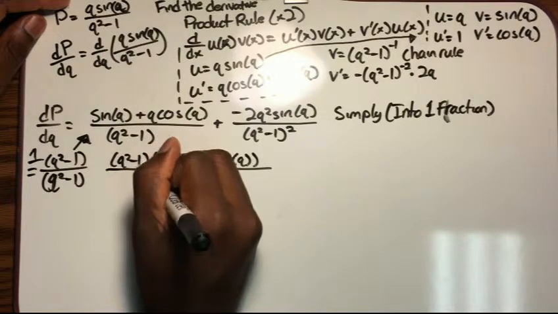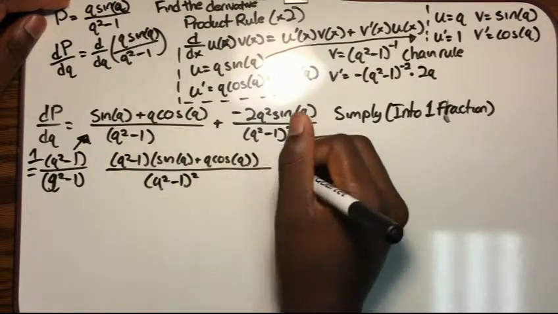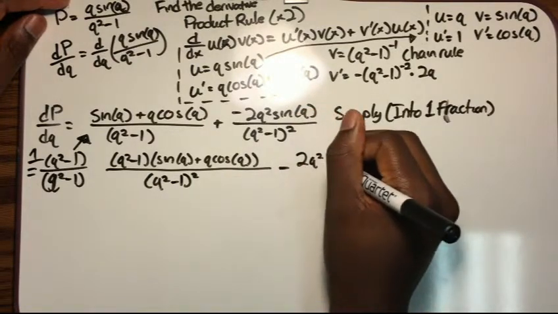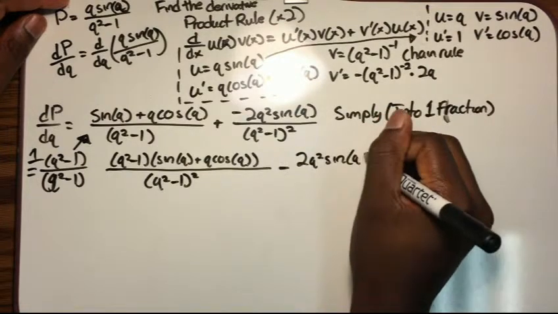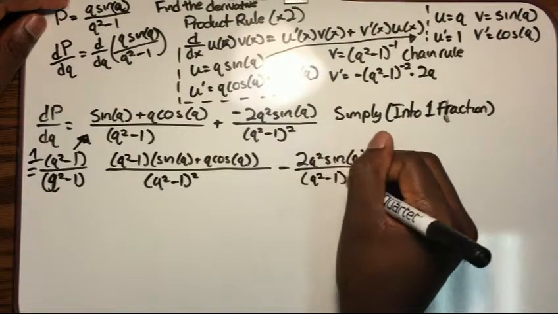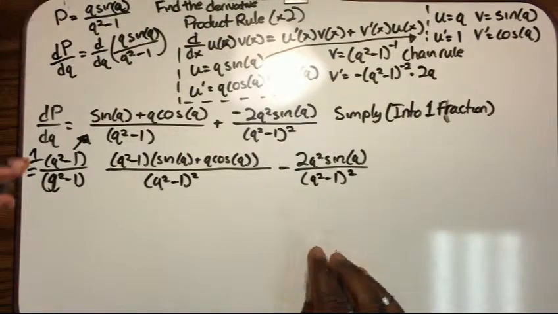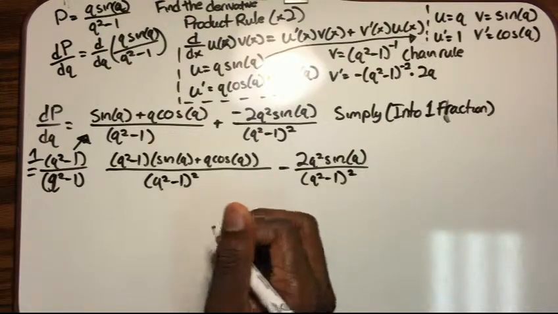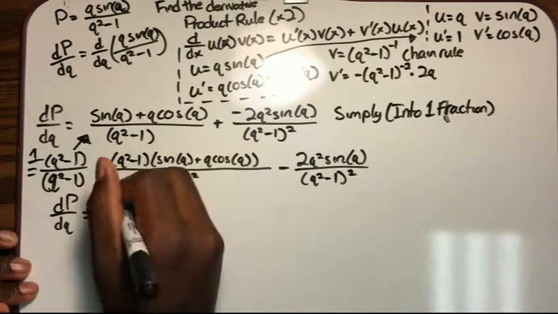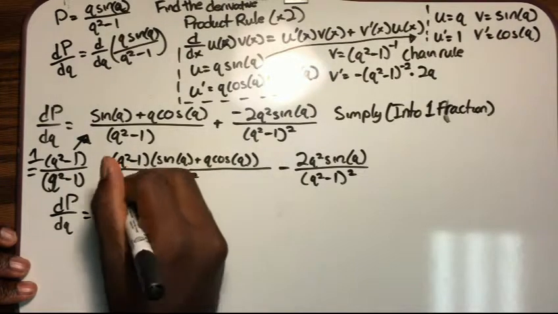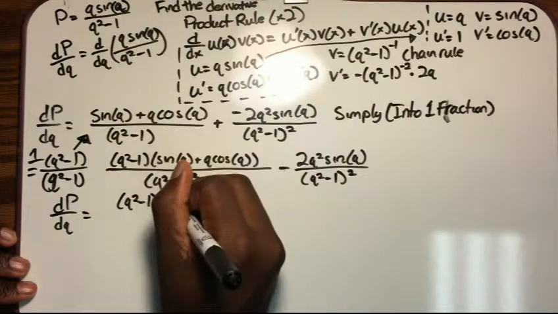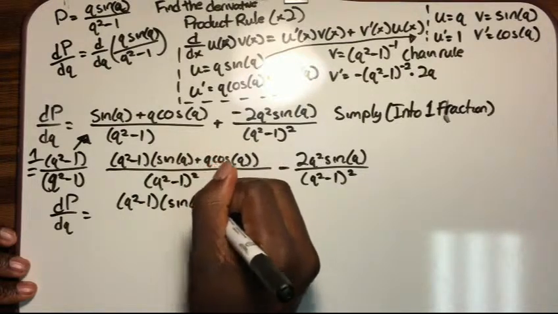So once we do that, you will get the quantity q squared minus 1 times sine of q plus q cosine of q over q squared minus 1 squared, minus, I took that negative sign there, 2q squared sine of q over q squared minus 1 the quantity squared.